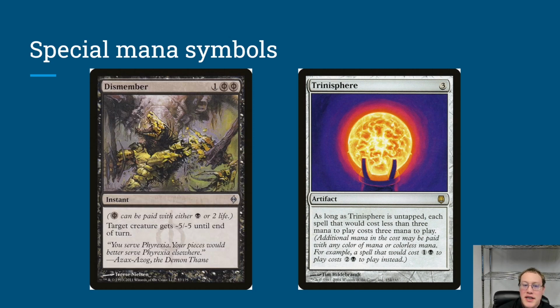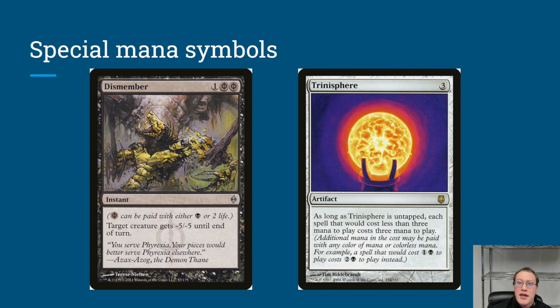Now here's one that definitely does make a difference, and that's going to be our friend Dismember here. With Dismember, we have Phyrexian mana symbols, and of course that can be paid with either a black mana or with 2 life. This is going to be the exact same thing as what we said with the hybrid mana symbols.